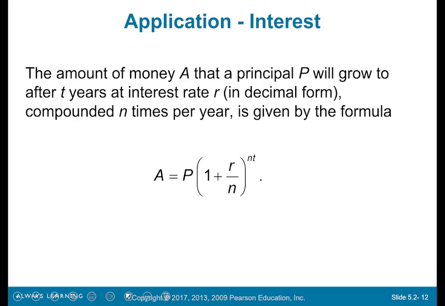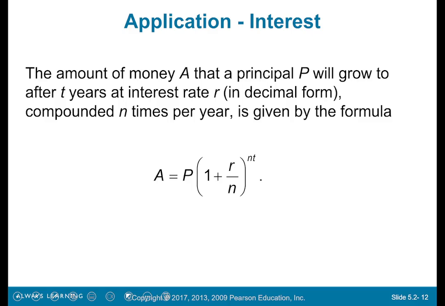Now let's go into one of the most famous applications of exponential functions, and that's our interest formula. This formula tells us if I put a principal amount of money into an account, and it has an interest rate R, and it compounds a certain number of times per year. So if it's daily, that would be 365 times.